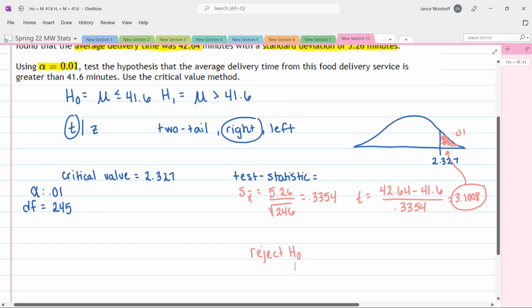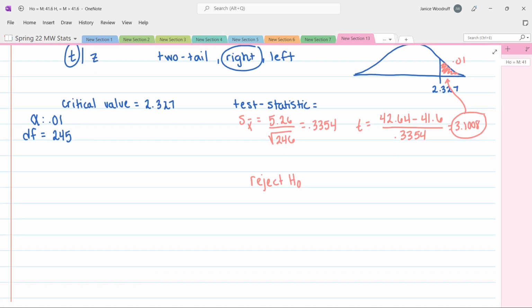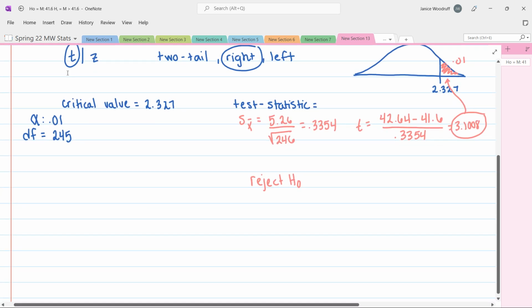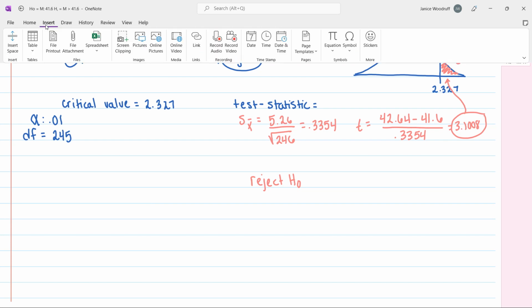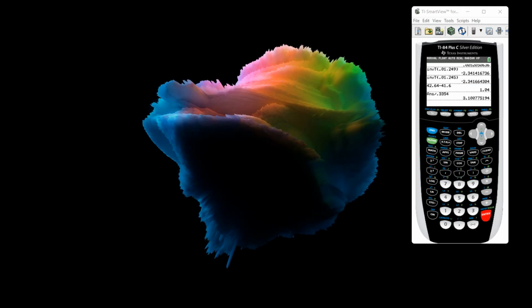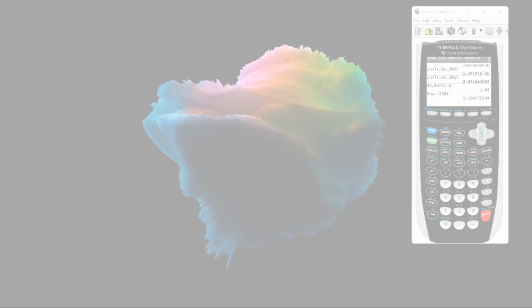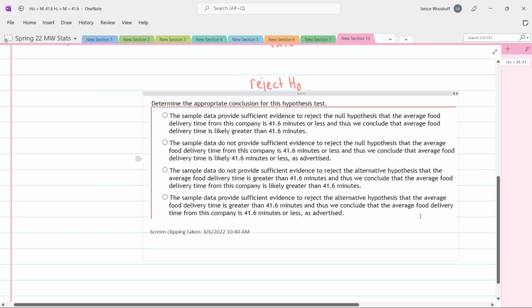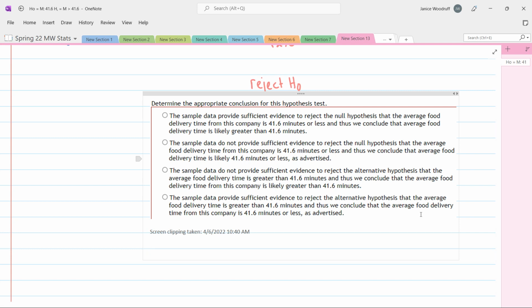Okay, and then if I'm looking at the answer choices, I'll show you here. We're determining the appropriate conclusion. So you have to kind of read through this.